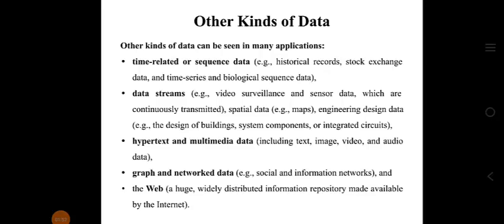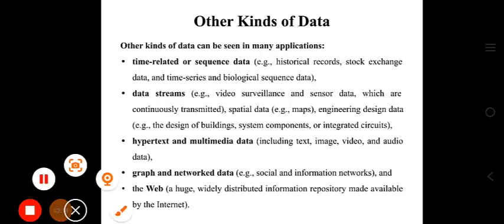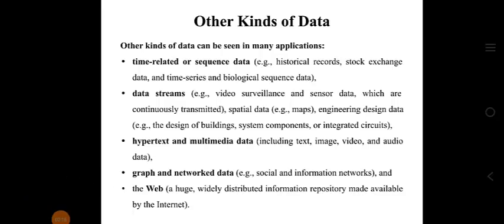Next one is hypertext and multimedia data, including text, image, video, and audio data. So graph and network data, for example, social and information networks. And next one is the web. So that is a huge, widely distributed information repository. It is available through the internet. These are all the other kinds of data.